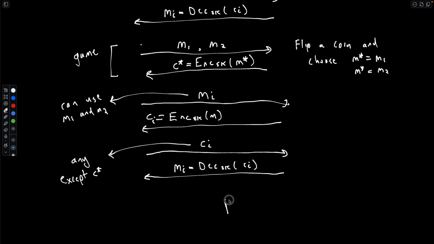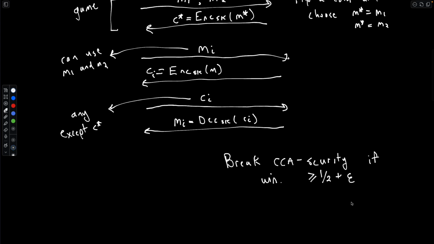Let me put it the opposite way. So I'm going to break CCA security if I can win with greater than 1/2 plus epsilon, and epsilon just means a negligible amount.